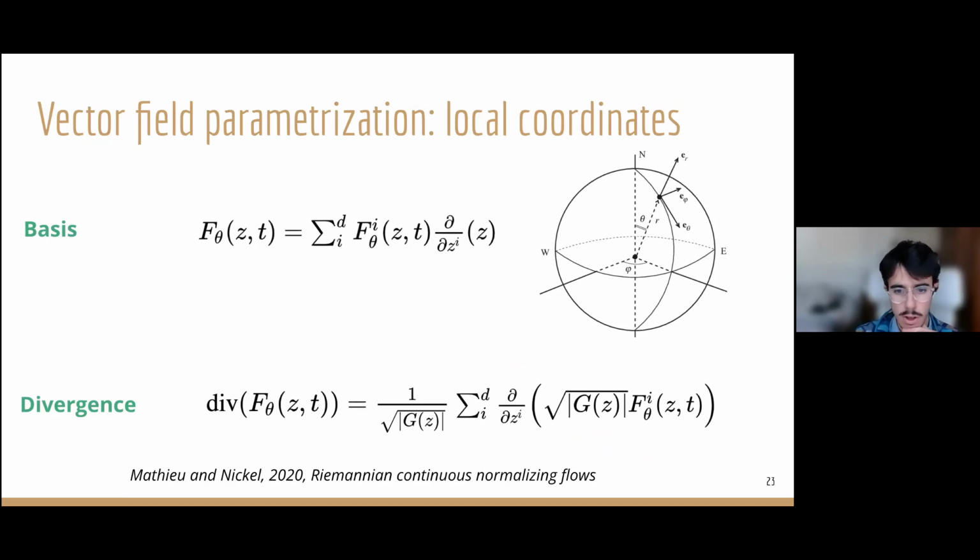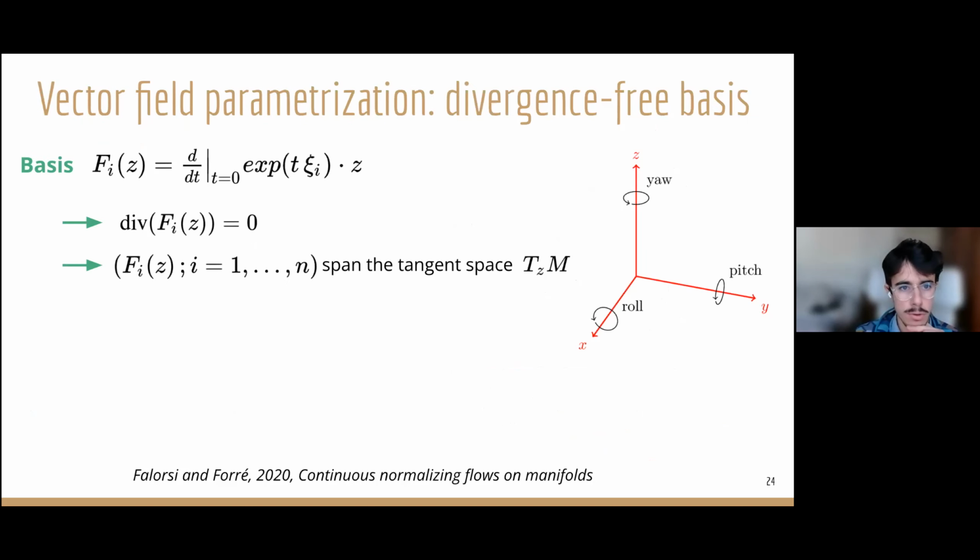Another approach is to decompose the vector field on a collection of vector fields that span the tangent space. It's not a basis, but they generate the tangent space, which is what we care about. And they also have zero divergence. These exist for any homogeneous space, and they are given by this formula.